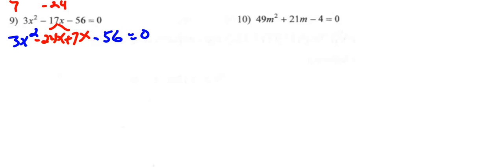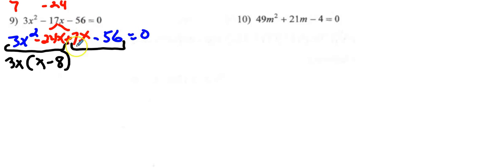So now we can group these. If we group this and this, and then we take out the GCF, in this case that would be 3x, and we're left with x minus 8. And then we can take out a 7 from both of these, and we're left with x minus 8.